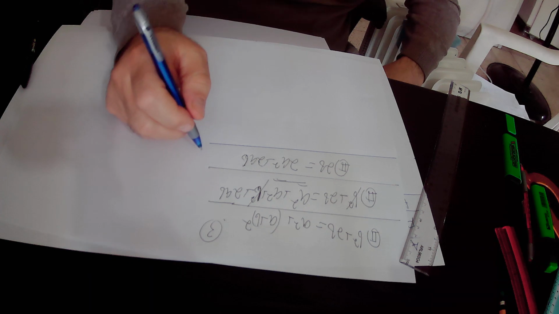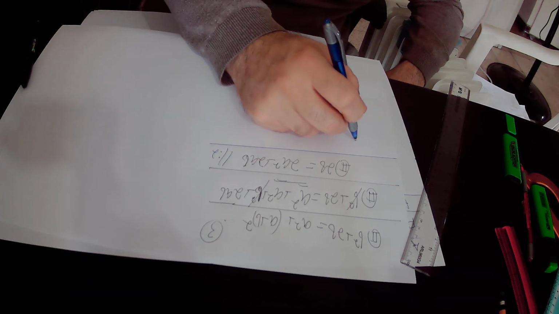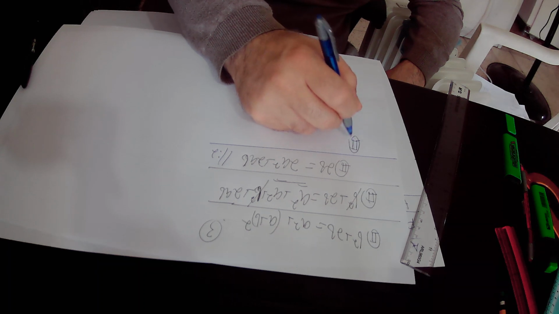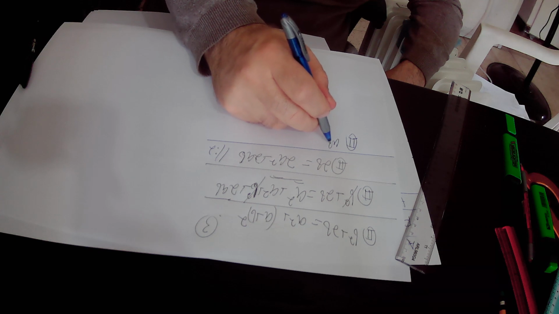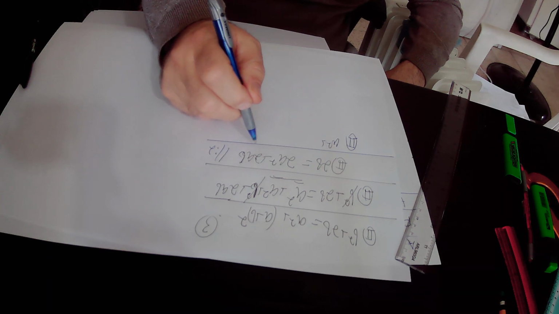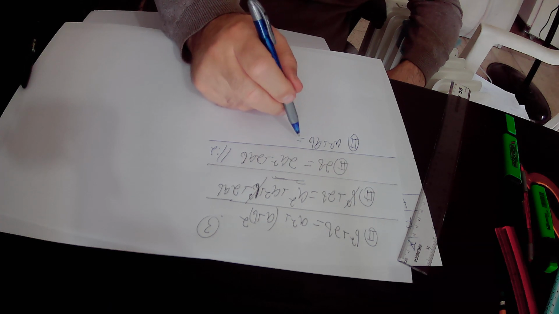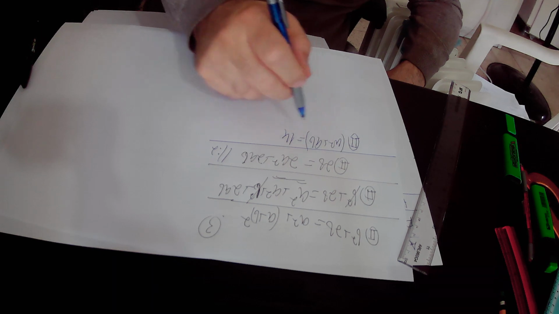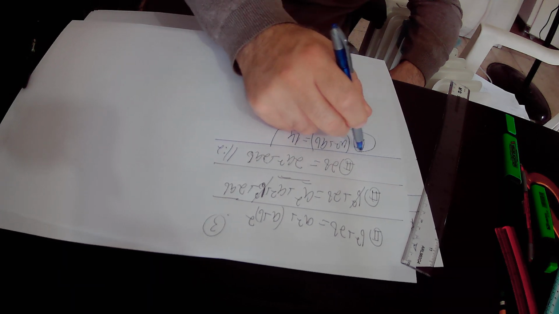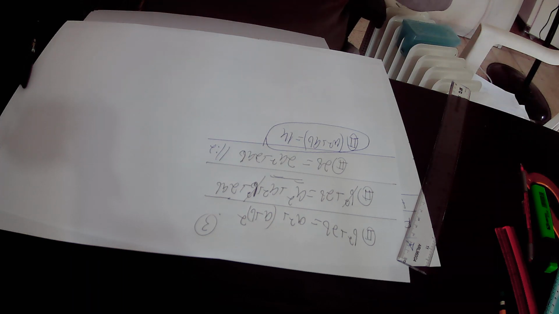So here we divide this equation 2 by 2. And finally we get that 2a squared over 2 is a squared, 2ab over 2 is ab, and 28 over 2 is 14. So in conclusion, according to equation 2, a squared plus ab equals 14.